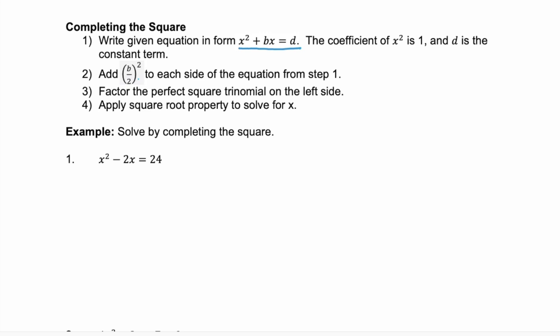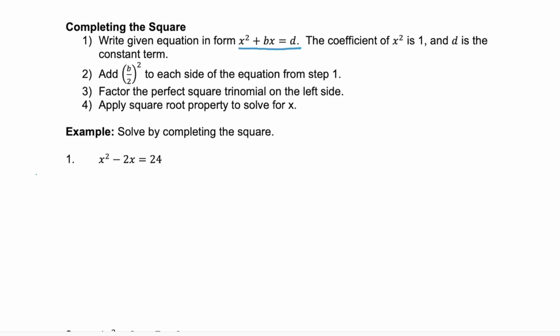Then in step 4, we use the square root property to solve for x. Yep, sounds a little chaotic, but let's walk through it and you'll see it's not that hard. So step 1, we have to write our given equation in the form x squared plus bx equals d. So we need a leading coefficient of 1, we have that here, and we need our constant on the right-hand side. We also have that.